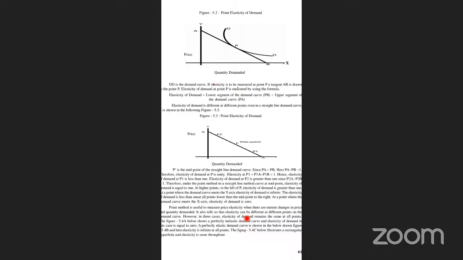If the point is higher, to the left of the midpoint P, the elasticity is greater than 1. To the right of the midpoint, the elasticity of demand is less than 1. And at the point where the demand curve meets the x-axis, the elasticity will be 0. It lies between 1 and 0.